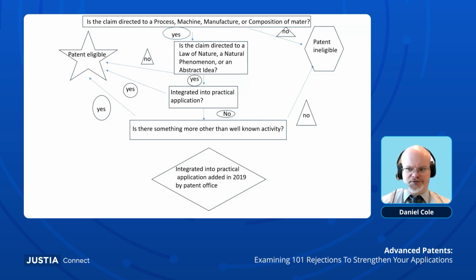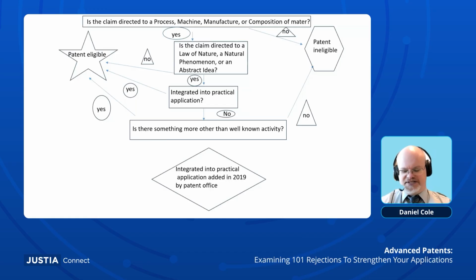Law of nature and natural phenomenon have generally blended into one thing. Abstract idea is very complicated and does not mean what you would think of when you think, oh, it's an abstract idea. It's not specific. It doesn't really mean that. Arguably, what it means, the Supreme Court has not said, maybe doesn't know.